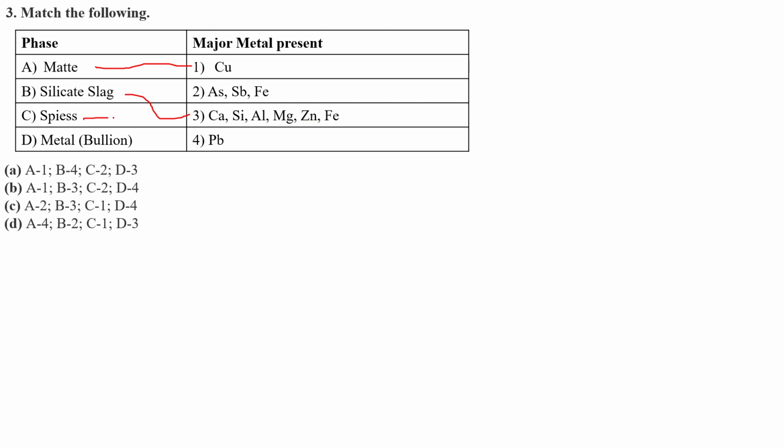Then there was speiss, which majorly consists of arsenides, bismuth, and antimonides, which can be further reused as a source for the recovery of antimony and arsenic. Then there was metal bullion, which generally consists of the lead phase.